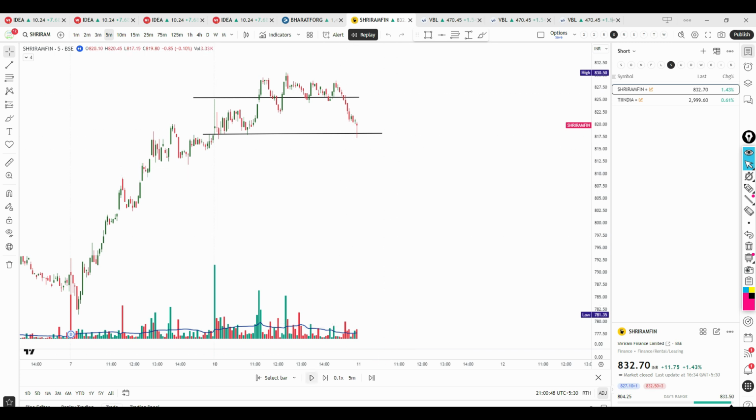So what I did, I selected this. I waited to finish the first candle. See, this was the first candle, the 9:15 candle.